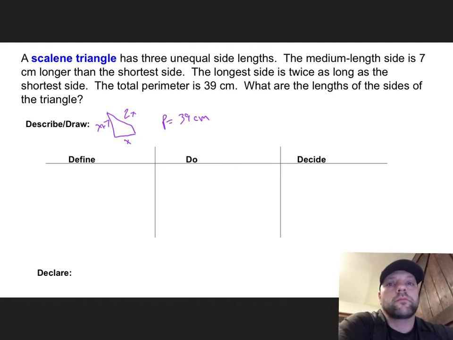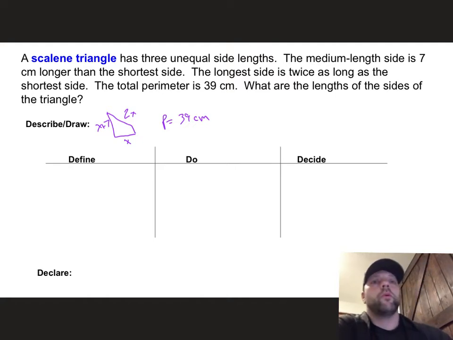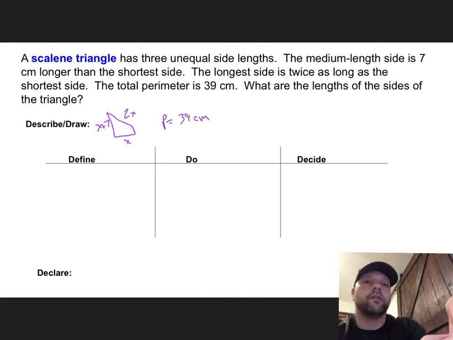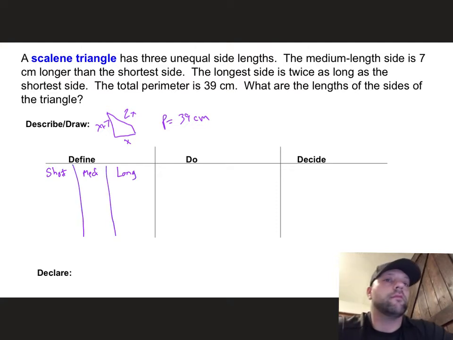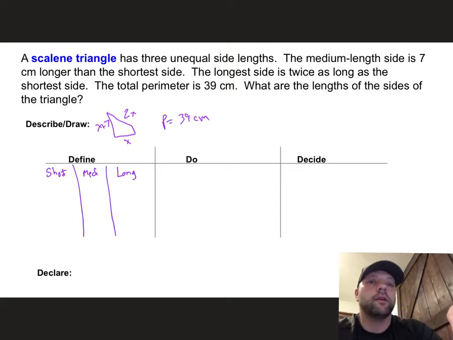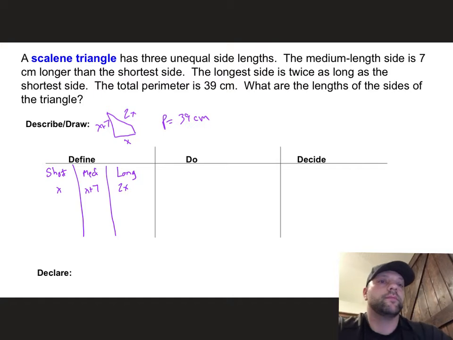Okay, all right, so now when I go to the define, that's where I'm going to put my short side, and then I have my medium, and then I have my long. So I can divide it up like that. Then I have x plus 7, and 2x.